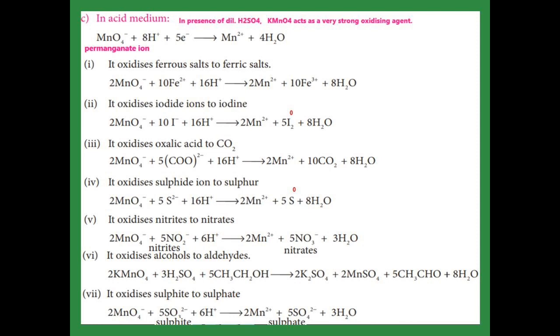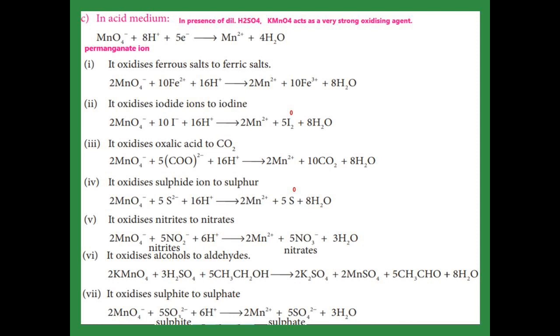And the sixth reaction, ethyl alcohol, CH3CH2OH, changes into CH3CHO. Here one of the hydrogens is removed, so we get CH3CHO, that is acetaldehyde, with the help of acidified potassium permanganate.